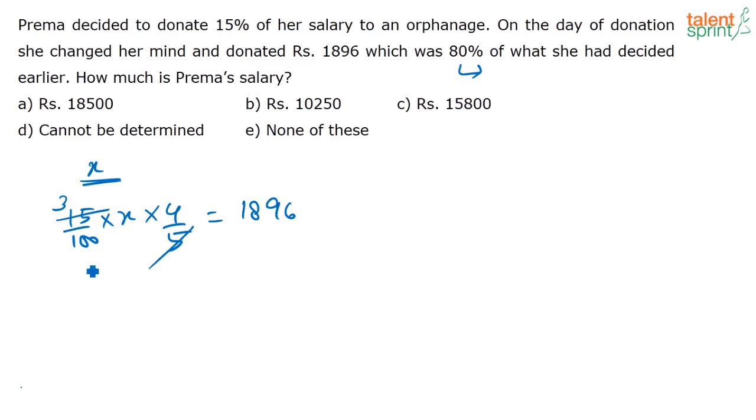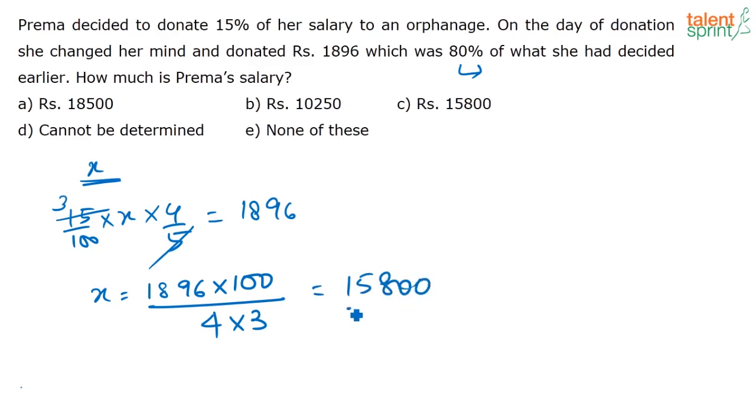This is 3, so x is equal to 1896 into 100 divided by 4 into 3, correct? That you are getting as 15800. All of you are getting the answer as 15800. So that is the answer. See, in these questions, all these percentages we have converted into fractions.